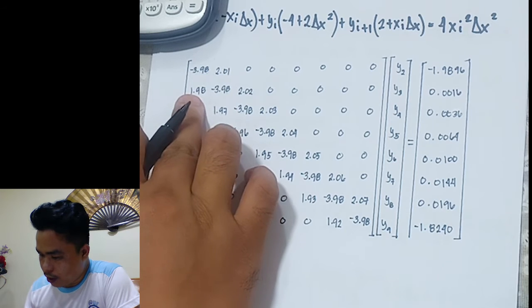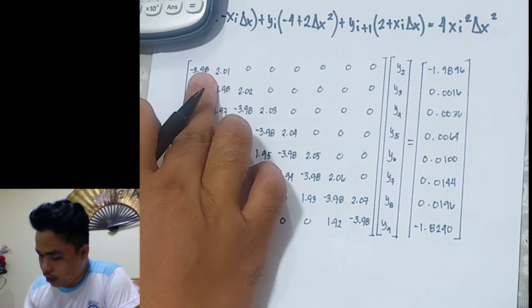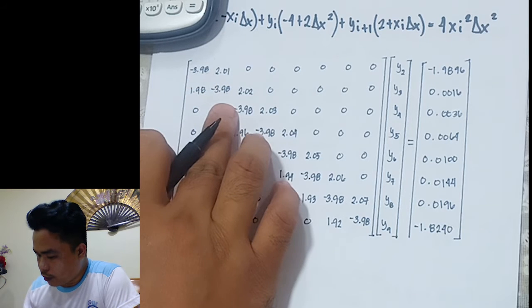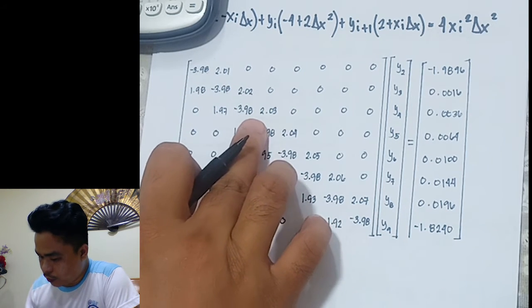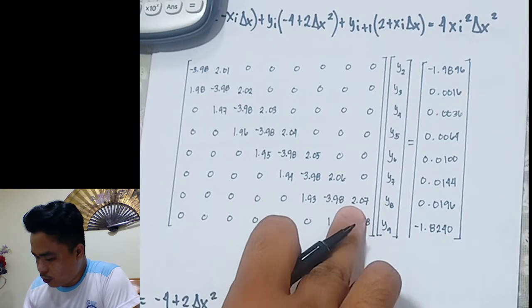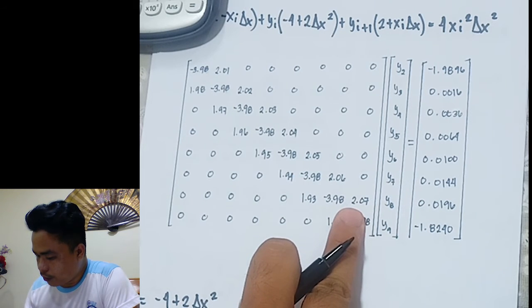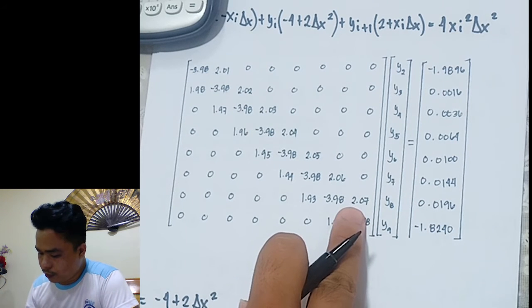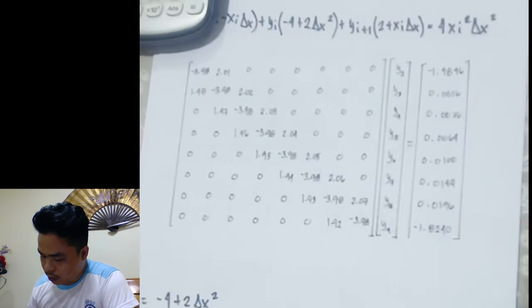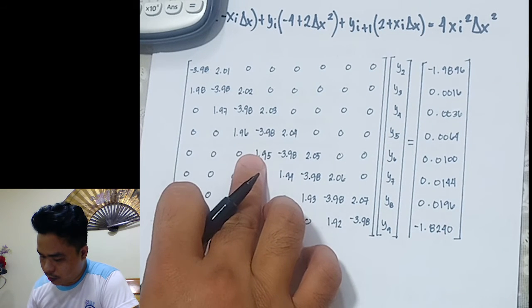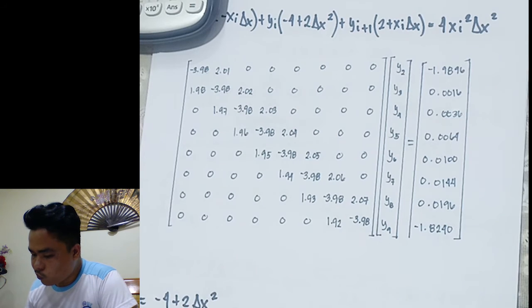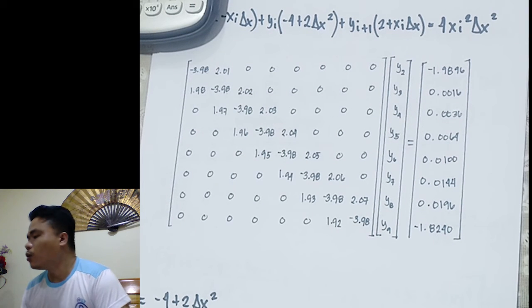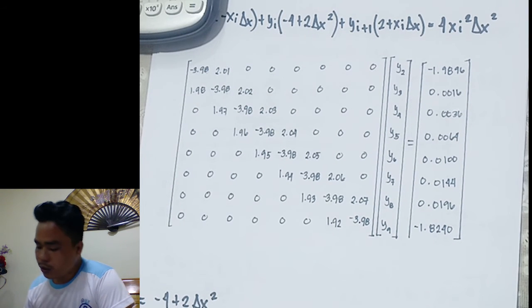Going down the diagonal, we have 2.0, 2.02, and 2.03, and so on. Basically, those on one side of the diagonal are increasing, and the other side of the diagonal is decreasing, depending on their nodes, or depending on xi.